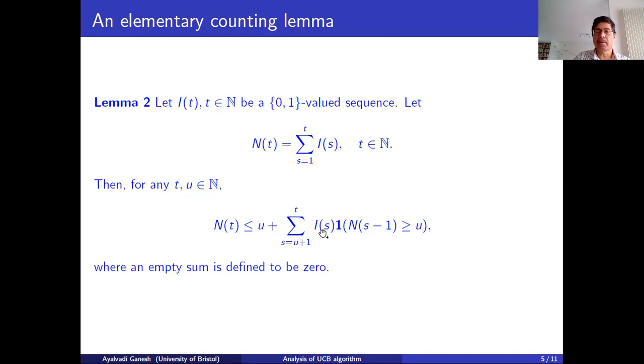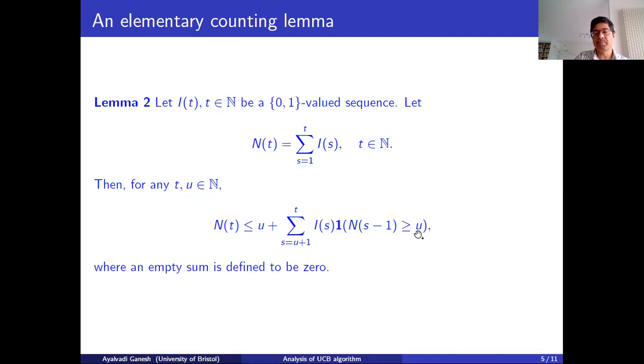N_t consists of counting ones for all time steps, but now I'm only counting from time u plus 1 onwards. And I'll count ones only if this indicator is satisfied, only if by time s minus 1, the count has already reached u.